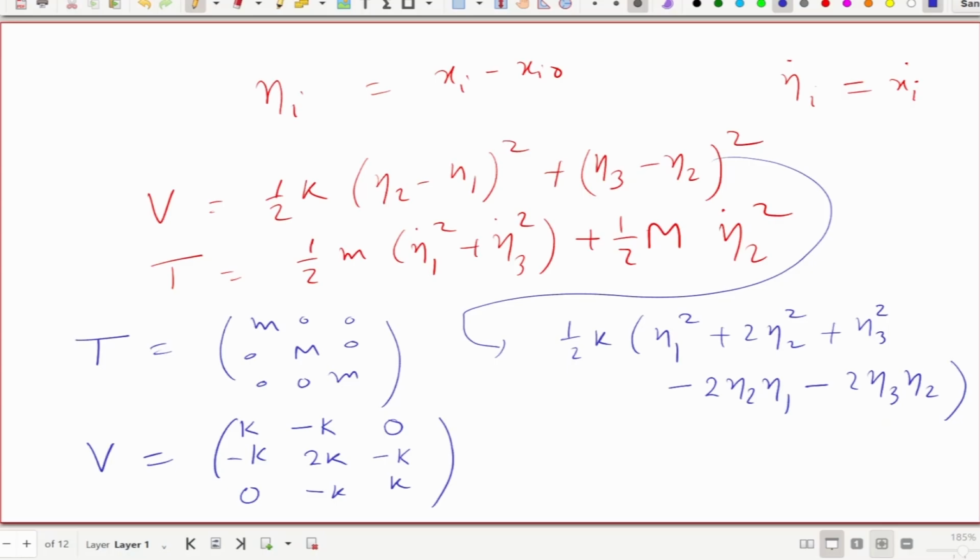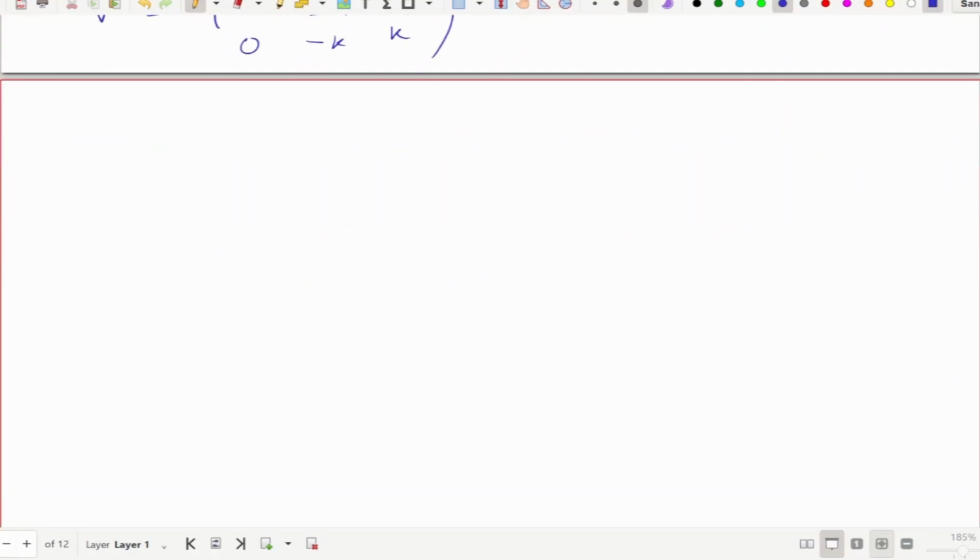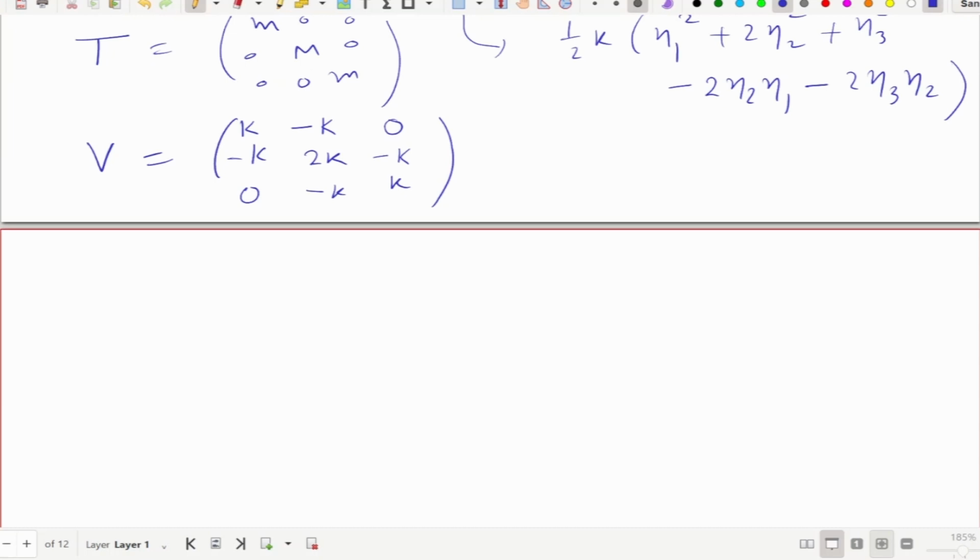Then we can write this condition to find the normal frequencies. You remember, the determinant of V minus omega square T equals 0.